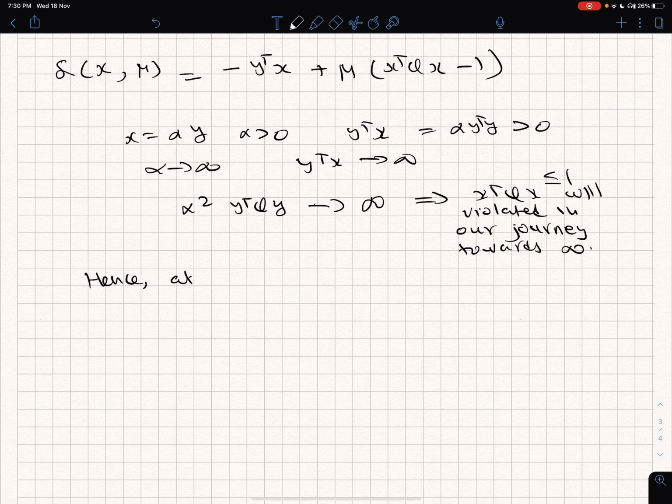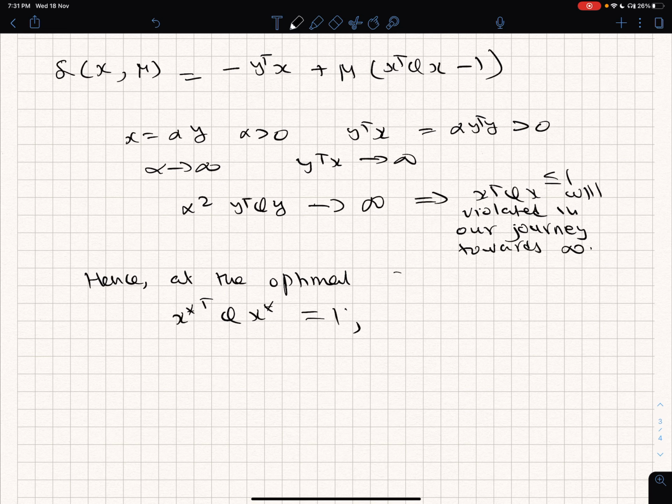Hence at the optimal, x star transpose Q x star will have to be equal to 1.